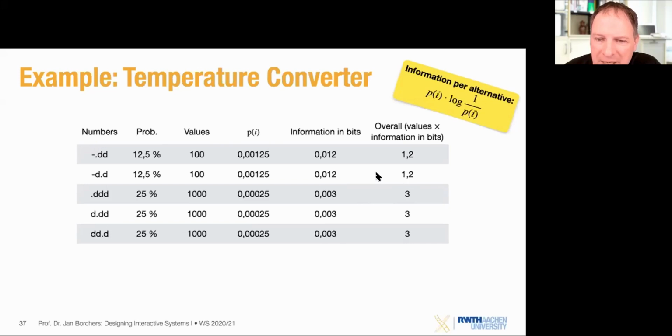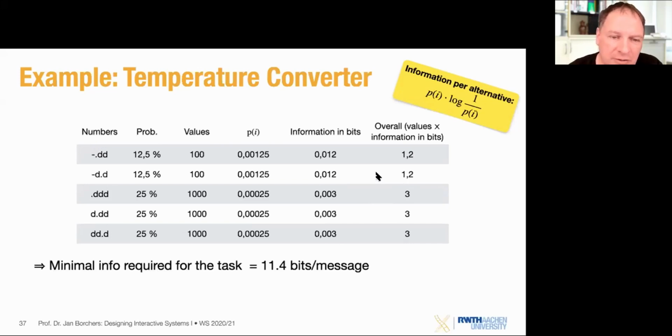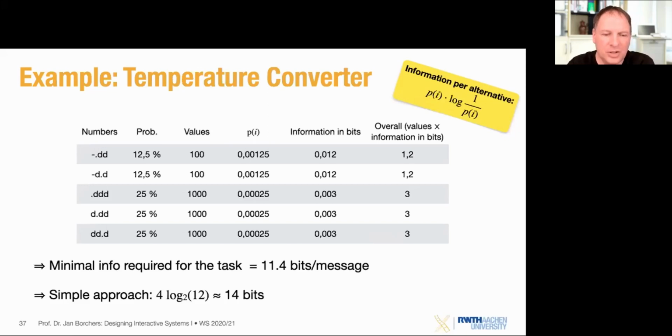So the minimum information that is required for the task, we've now whittled down to 11.4 bits per message. Notice this is less than the naive approach, where we say we have 12 different symbols, digits 0 to 9, the decimal point and the minus sign, and we assume they're all equally likely.